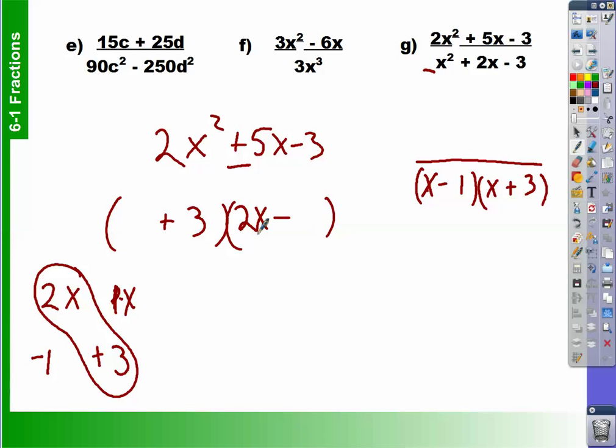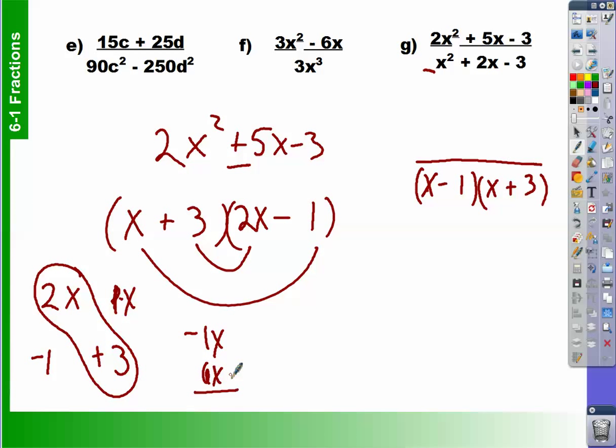Minus. That means the 1x goes here, the negative 1 goes here. And I can double check. I can multiply out the linear term. x times negative 1 is negative 1x. 3 times 2x, that's 6x. That's 5x. Excellent. So it works.